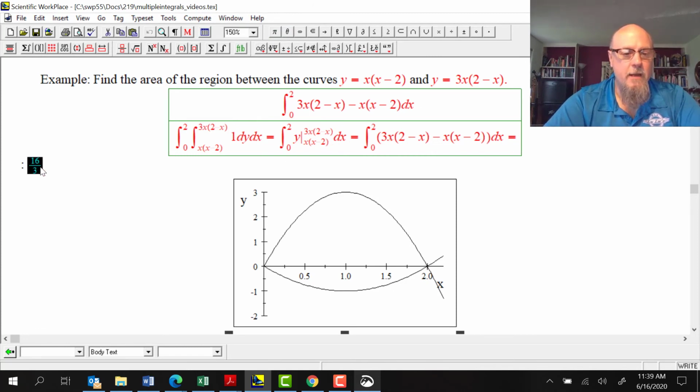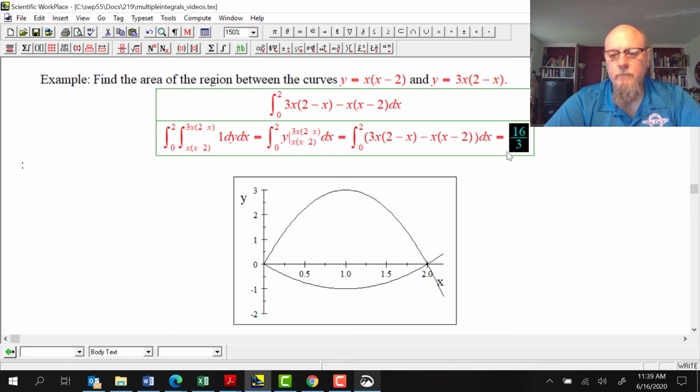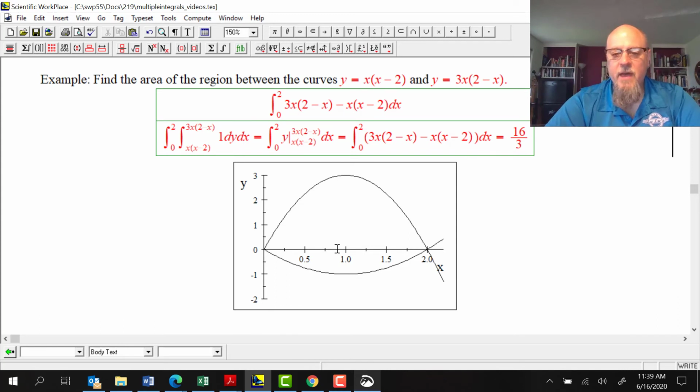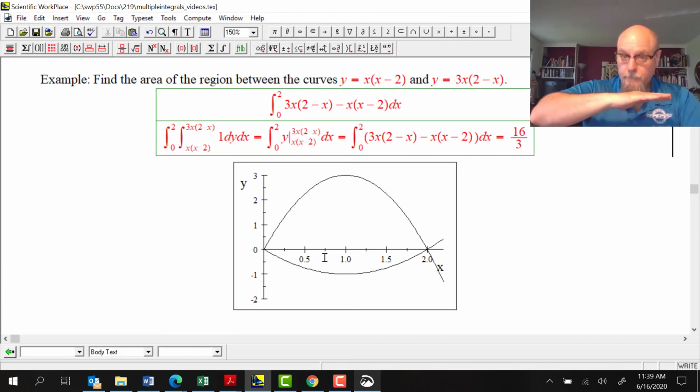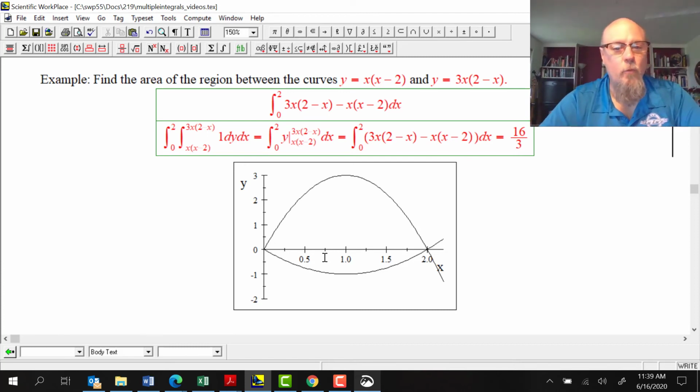And we could have done that in Calc 1. The only point I'm making is the connection between volume and area when the roof function is just a constant z equals 1. That's all I'm saying here.